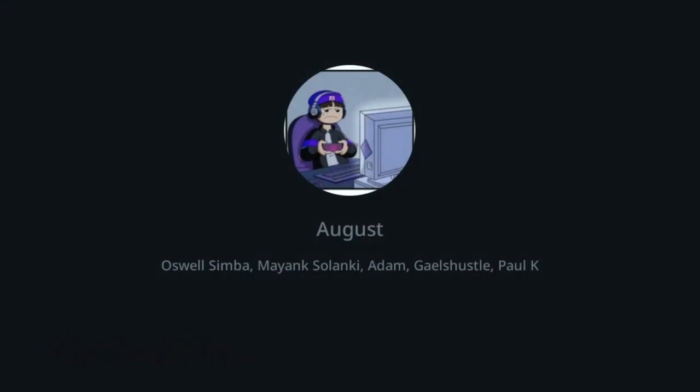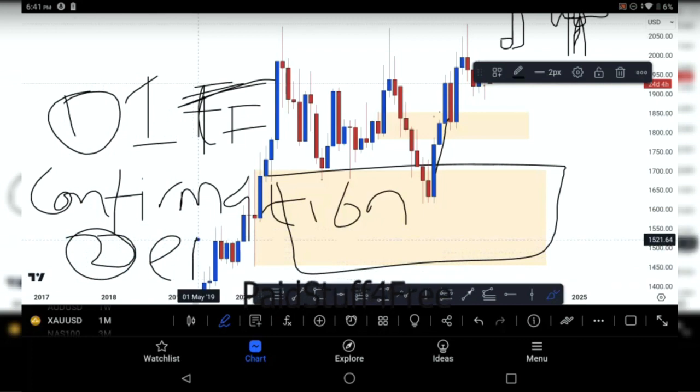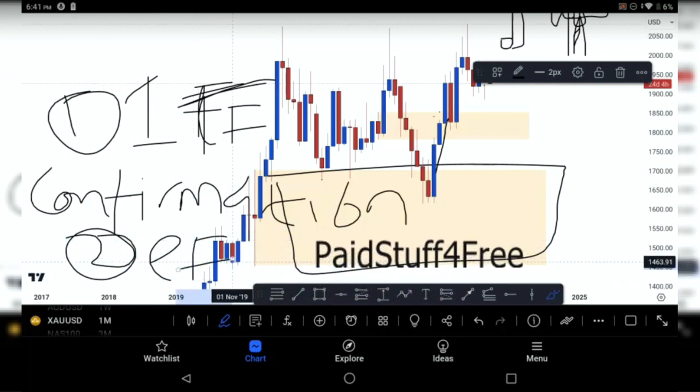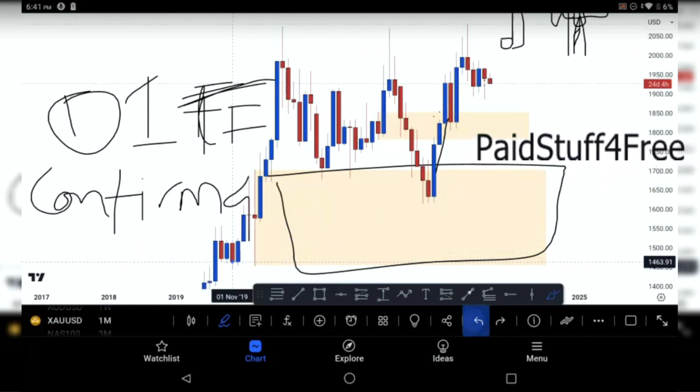And after that, if price is supposed to go to the next zone, I need to see an EF. That's change of storyline. Those are the two criteria. That's my SOP.